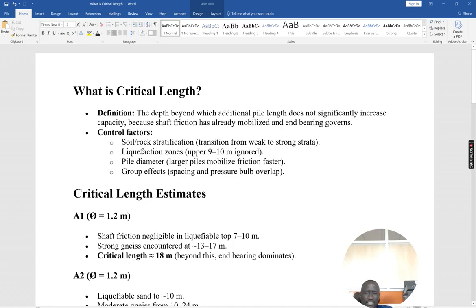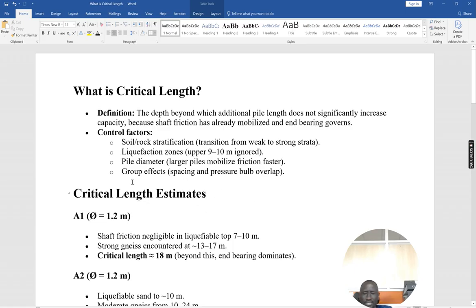So control factors are soil, rock stratification, transition from weak to strong rock, liquefaction zone, for this case upper 9 to 10 meters they were ignored, pile diameter, larger piles mobilize friction faster, and then group effect, spacing, and pressure bulb overlapping. These are things we could actually check.